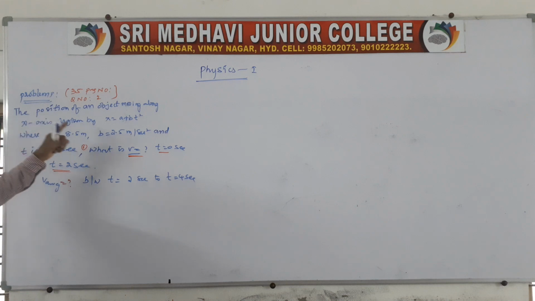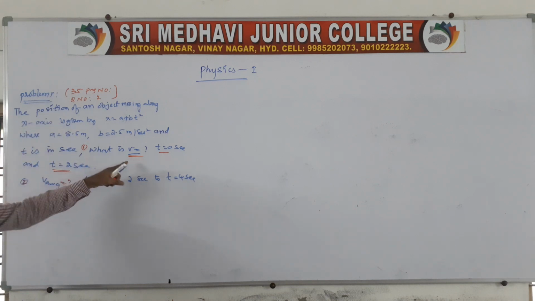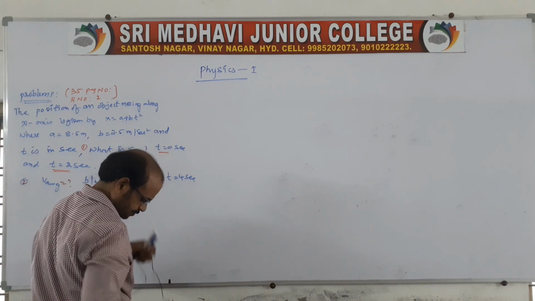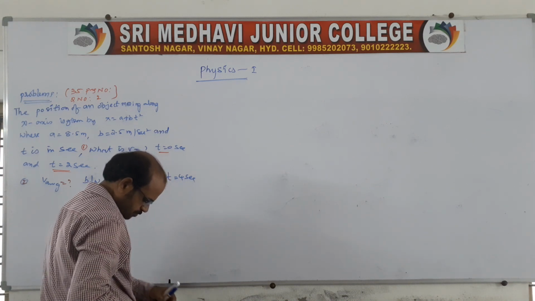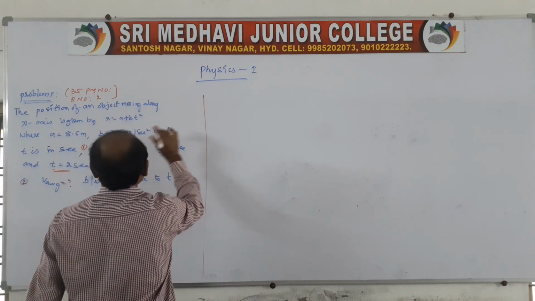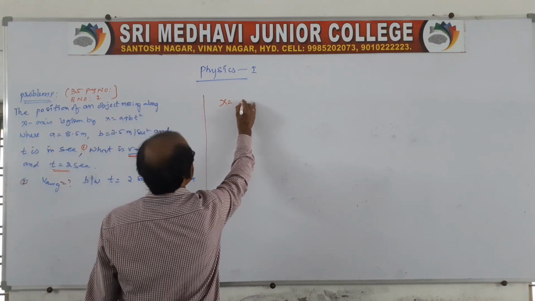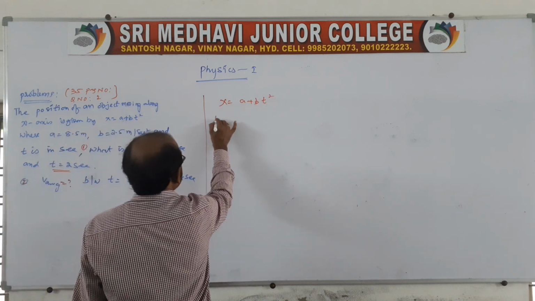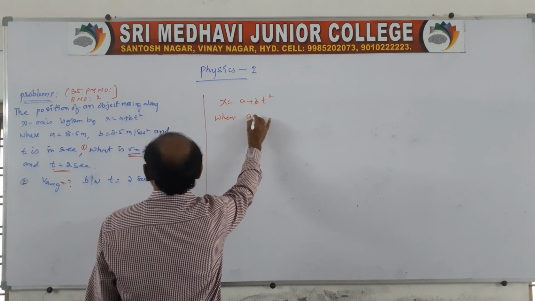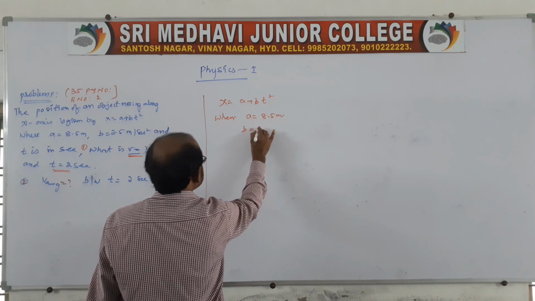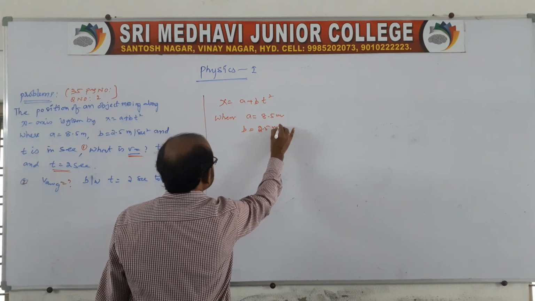This question is asking for velocity, so we can take it like this. First, the given data: x is equal to a plus bt square, where a is equal to 8.5 meter and b is 2.5 meter per second square.